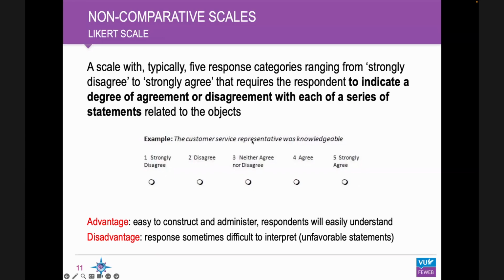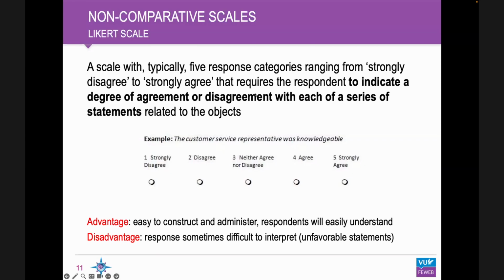These are still non-comparative scales. In such scales, the respondents are provided with a scale that has a number or brief description associated with each category. The categories are ordered in terms of scale position, and the respondents are required to select the specified category that best describes the object being rated.